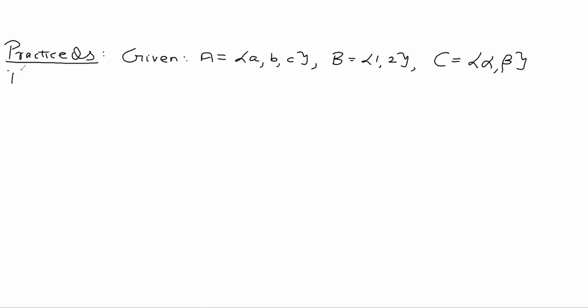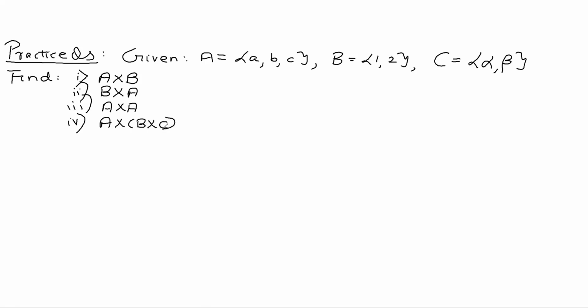The question asks us to find the Cartesian product A cross B, B cross A, A cross A, and then A cross B cross C. Let's find all of them one by one.